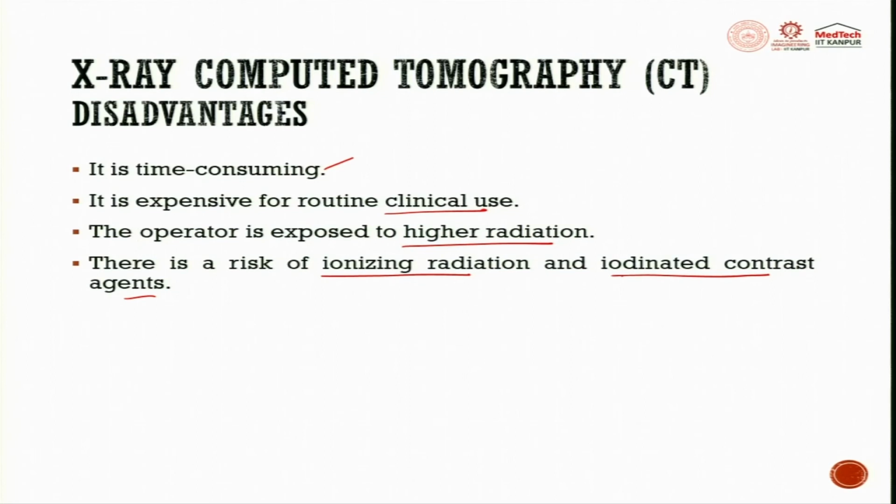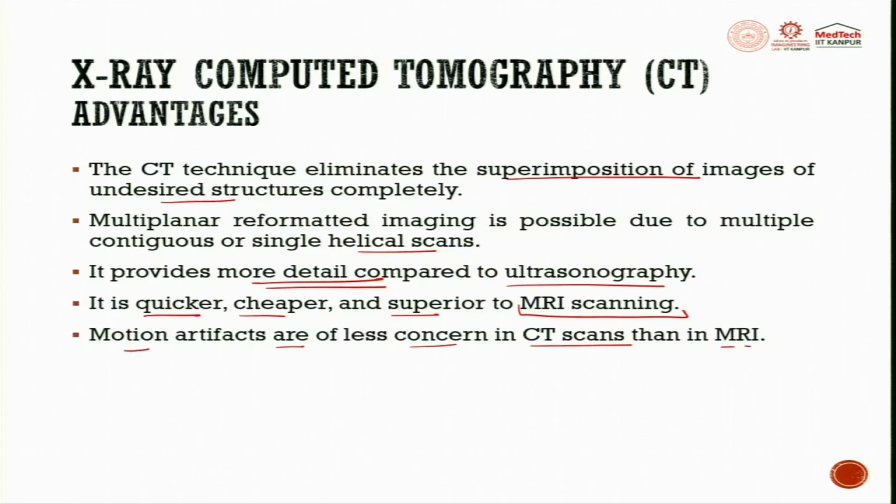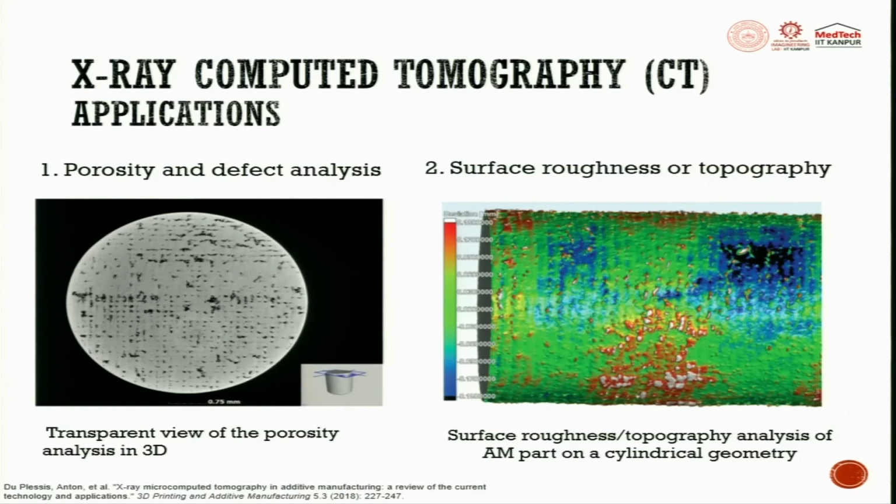Whatever it is, X-ray CT technology provides high resolution. That is, it can distinguish tissues having differences of less than 1% of their physical densities. So, it has certain advantages: the quality of the images that we get is useful in having a feel of the defect in color form, in shape. In porosity and defect analysis, you can see a transparent view of the porosity analysis in 3D form.